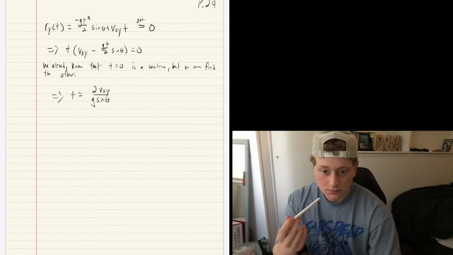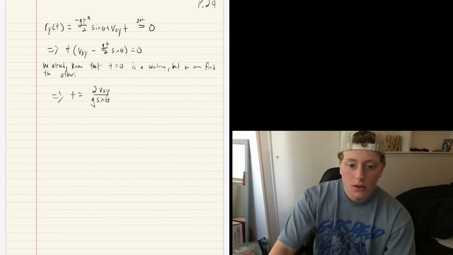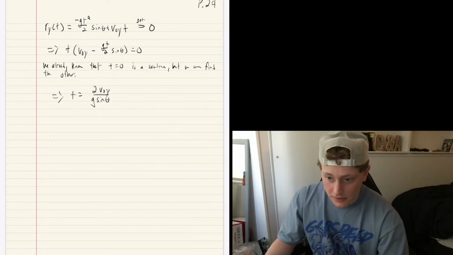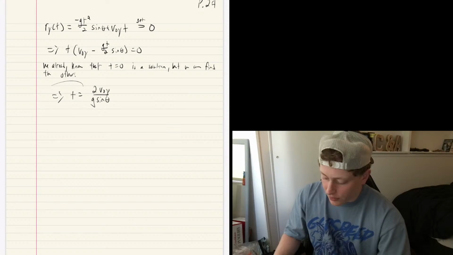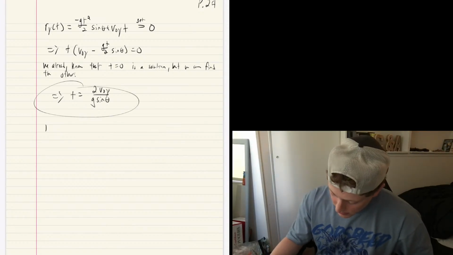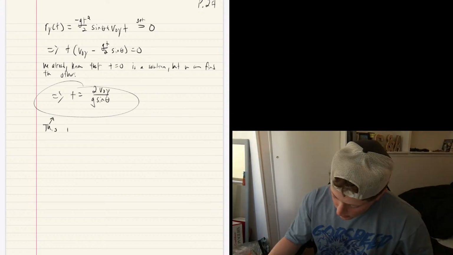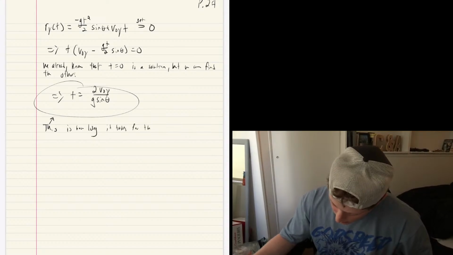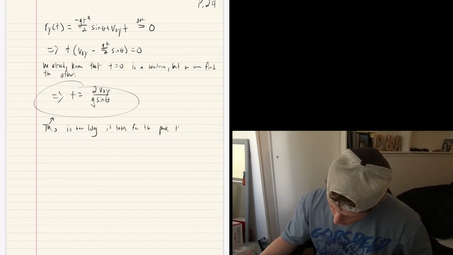Yeah. Okay. And then we also need to find how far it went after this much time. But this is exactly how long it took last time. So this is how long it takes for the puck to reach the ground.